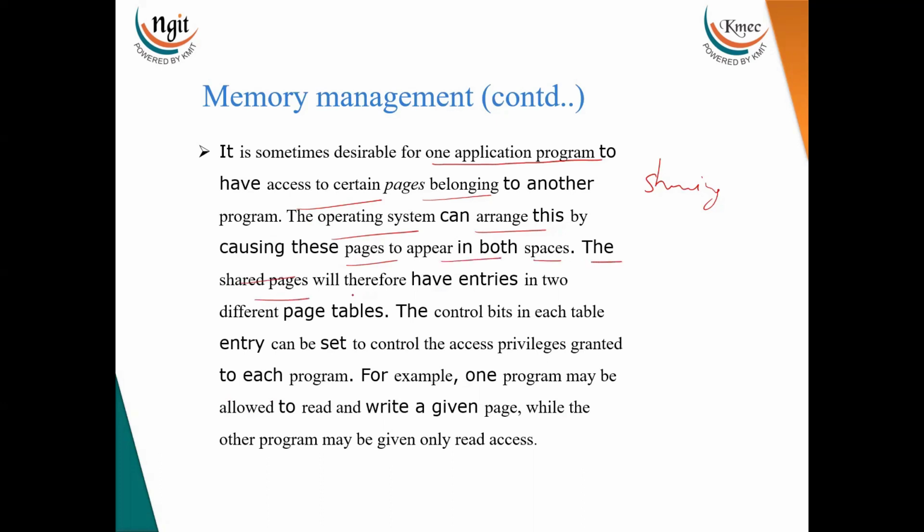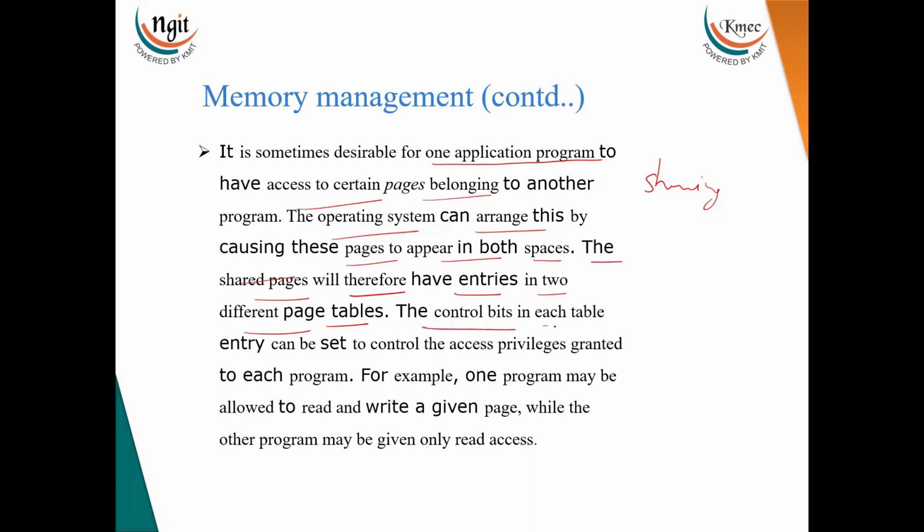The shared pages will therefore have entries in both page tables. Instead of copying the pages into two program spaces, it will share one application program's content with the other application program. By doing that, the memory space can be reduced.